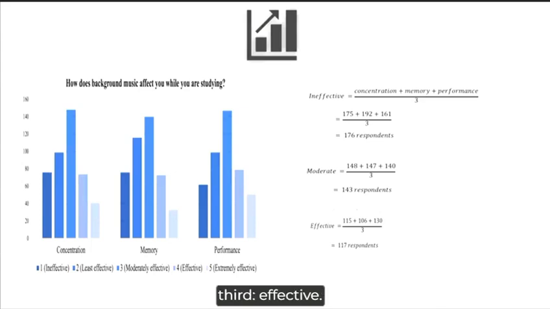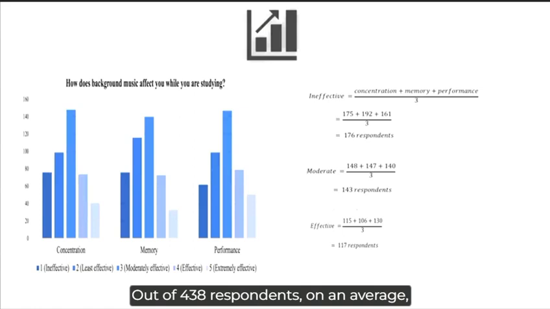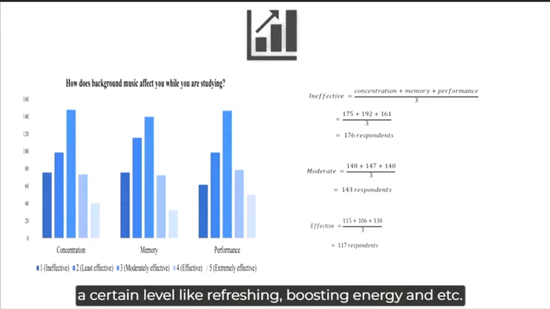And third, effective. Out of 438 respondents, on an average, 176 responded that music doesn't help or it distracts them while studying. 143 responded that music helped them at a certain level, like refreshing, boosting energy, and so on.